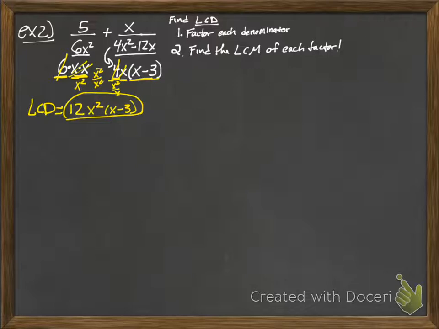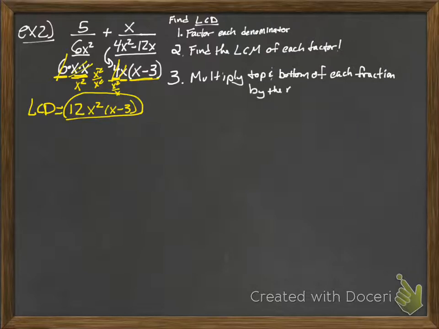Now, the third step, once you find the LCD, step 3, we're going to multiply the top and bottom of each fraction by the missing factors of the LCD.